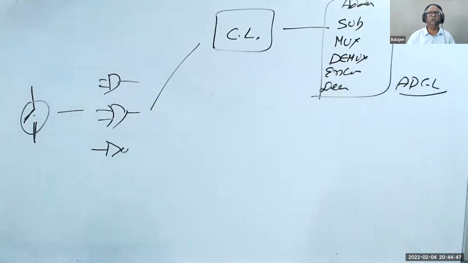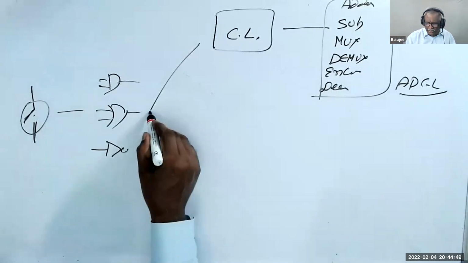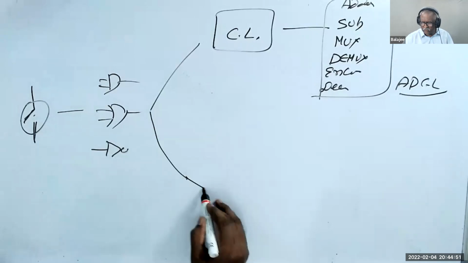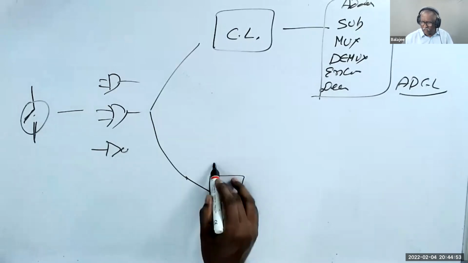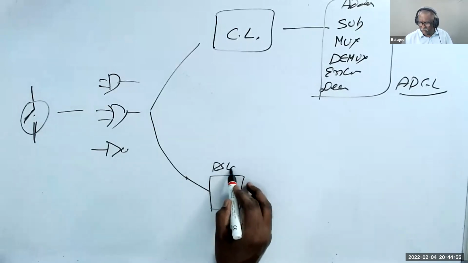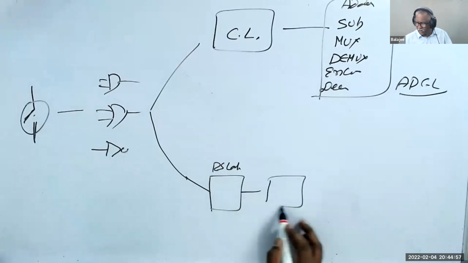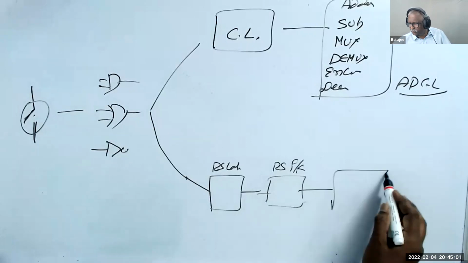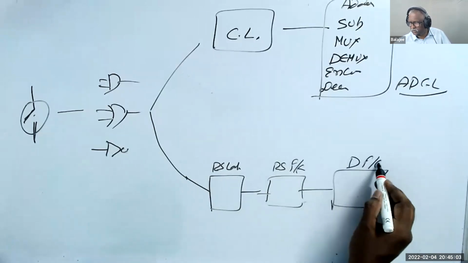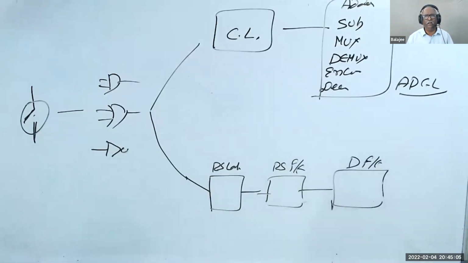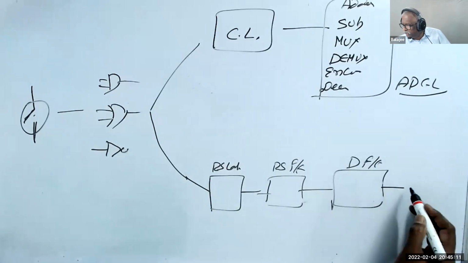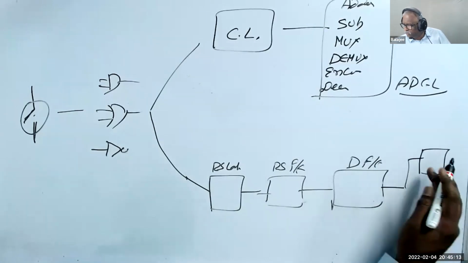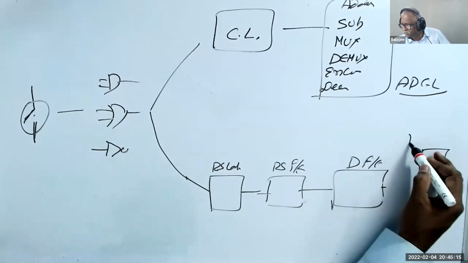Now, from here, we built the RS latch, then the RS flip-flop, then the D flip-flop. Using the D flip-flop, we built N-bit.